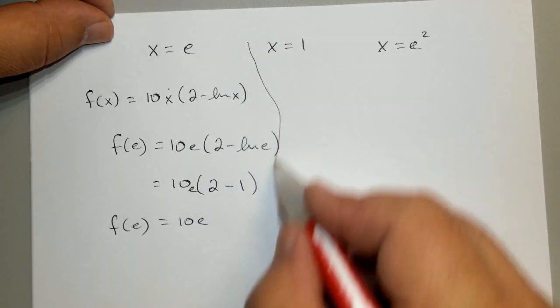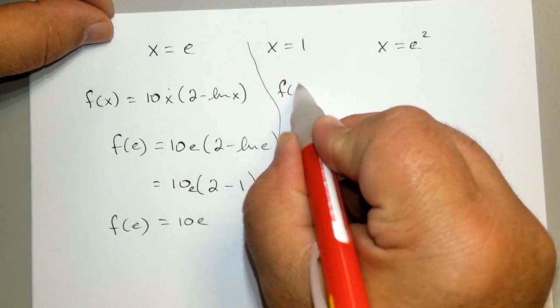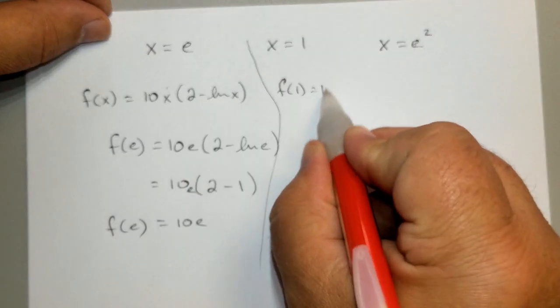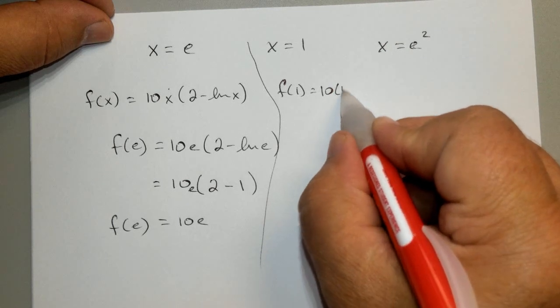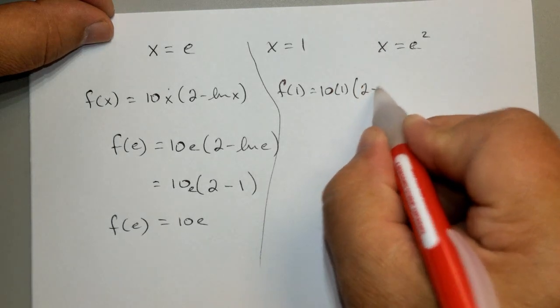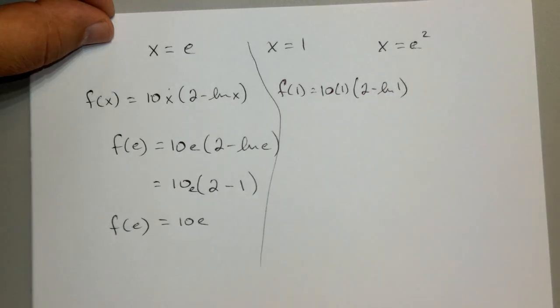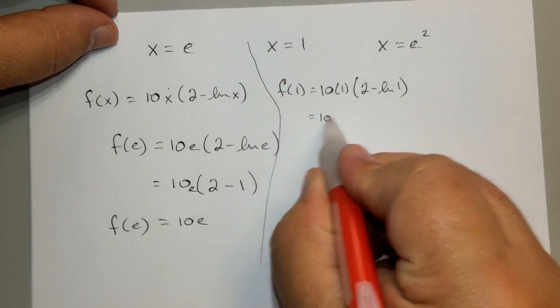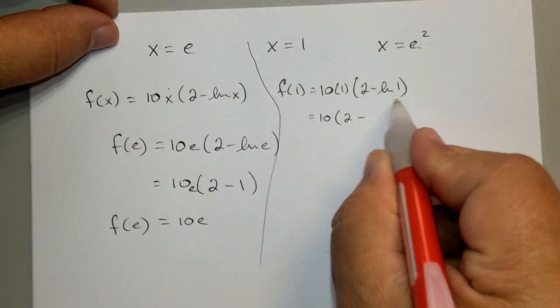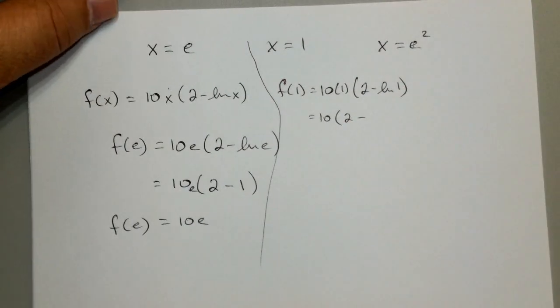Next one. f of 1 is 10 times 1 times (2 minus ln 1). What is ln 1?